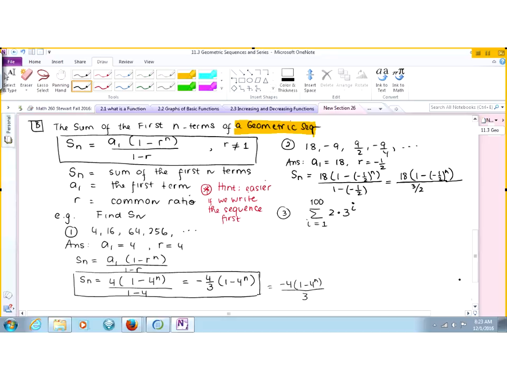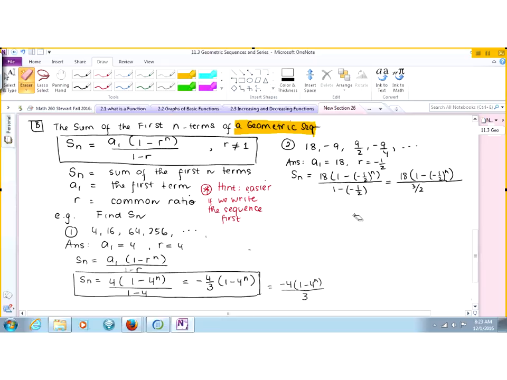So this is your scratch here. What is 18 divided by 3 over 2? This is the same as 18 multiplied by 2 over 3, which is 12. Let me erase this and do it on a different page.